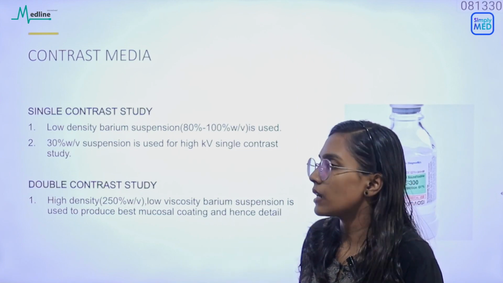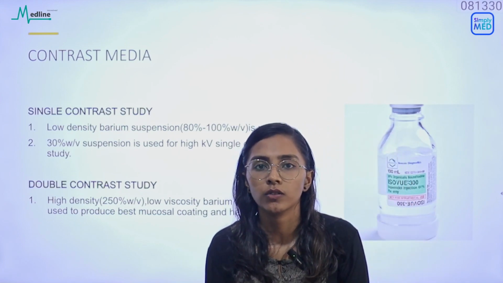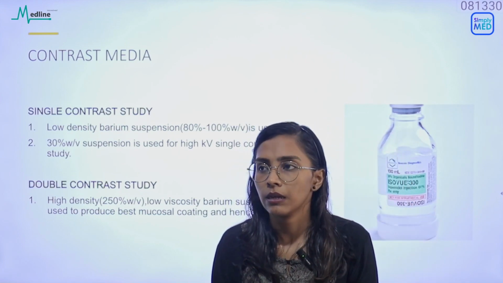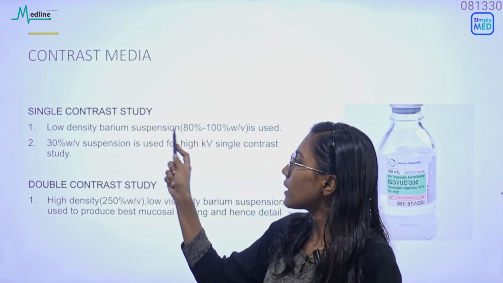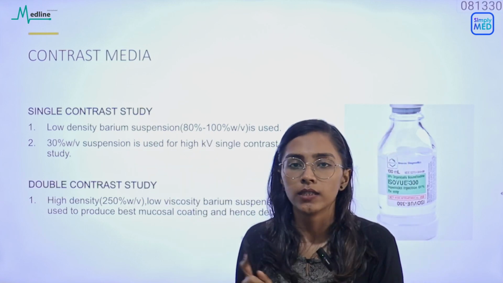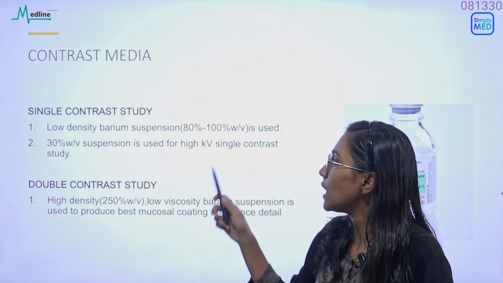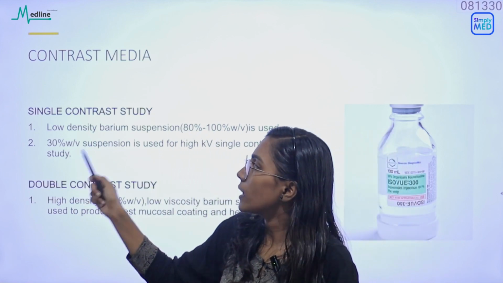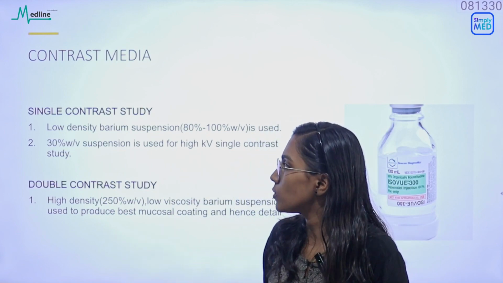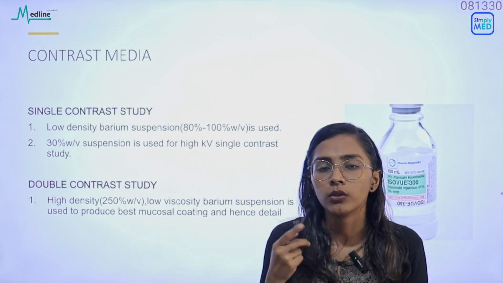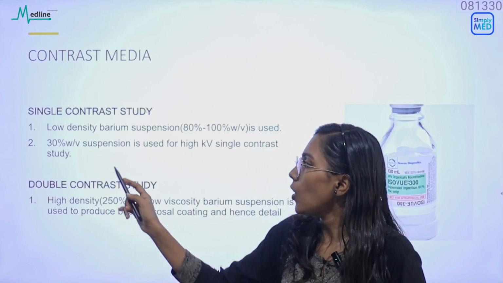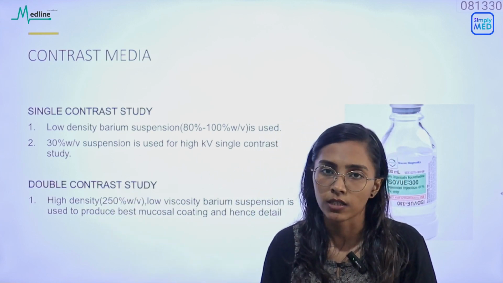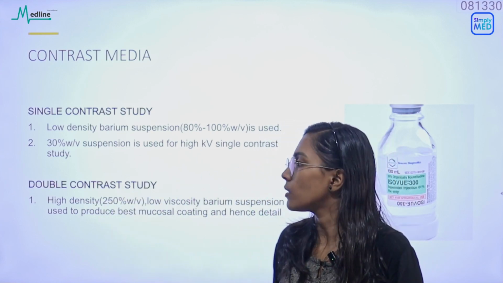Now the contrast media. What is the contrast media used in single and double barium meal studies? For a single contrast study, we use a low density barium suspension, around 80 to 100% weight by weight. Low density barium sulfate is used. If you are using a high kV technique, then only a 30% weight by weight suspension is enough for a single contrast study.